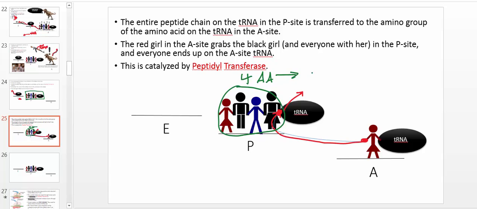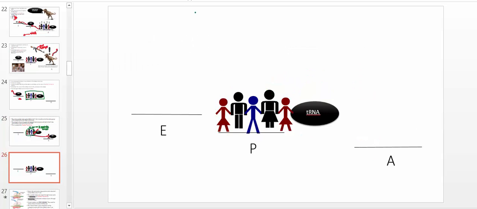Also, what's important to realize is that's 3 peptide bonds because it's 4 amino acids, right? And what did I do? I lengthened or elongated it by 1 amino acid, to where now, oops, let me erase that, now I have 5 amino acids and 4 peptide bonds, right?